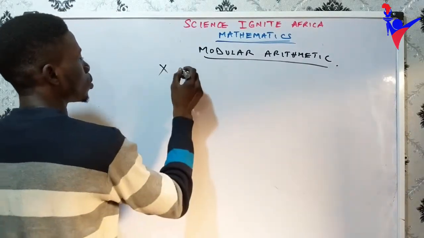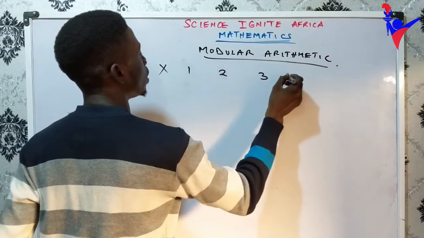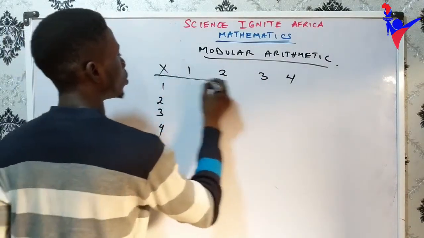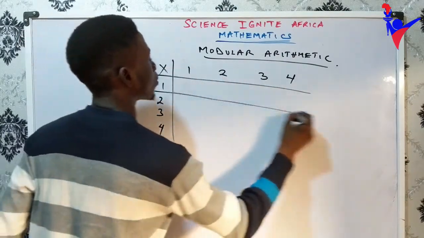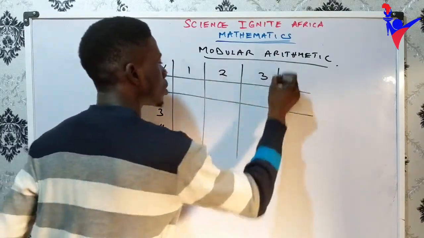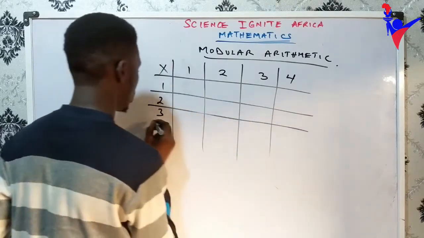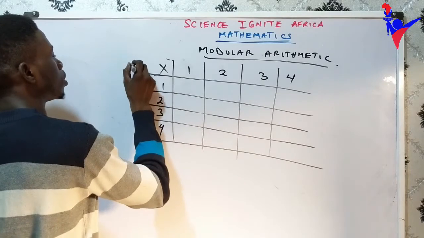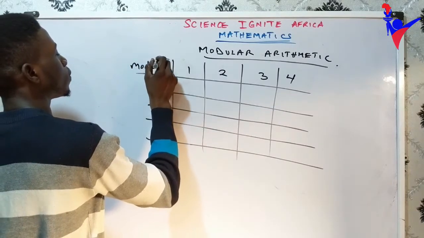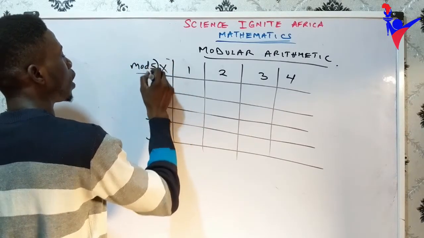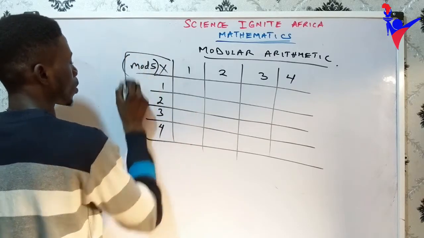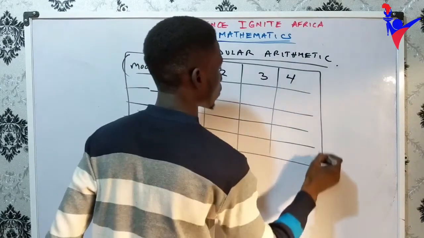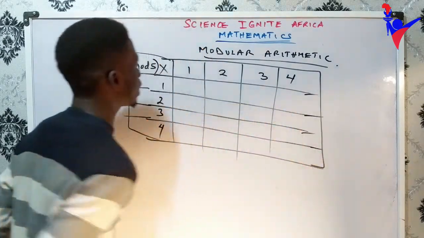Let me just put 1, 2, 3, 4 along both sides. Now let's draw our table. We are doing multiplication in mod 5. So let's see what will happen.